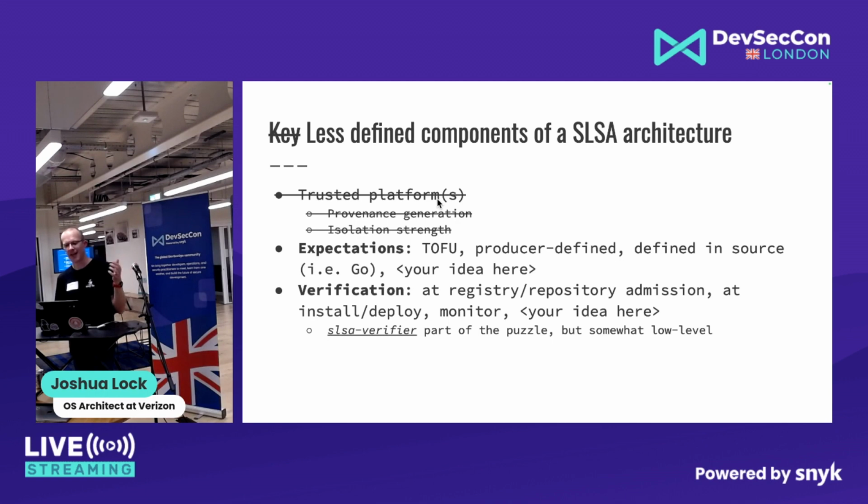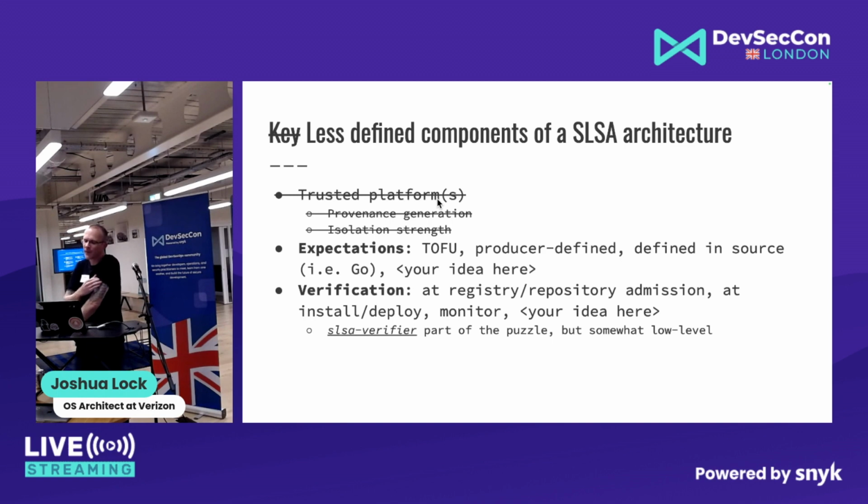That just leaves the expectations and verification as problems to solve for the team building the platform and the ecosystem. Your expectations are the policy. There are multiple patterns you could follow to implement that.